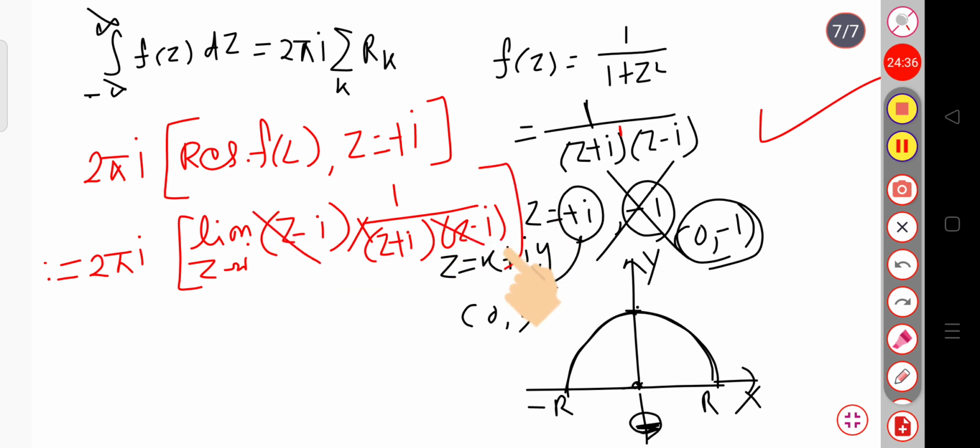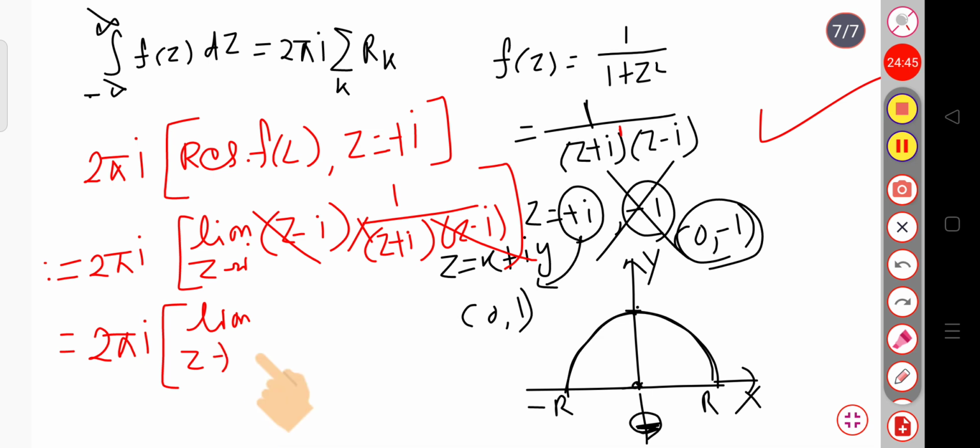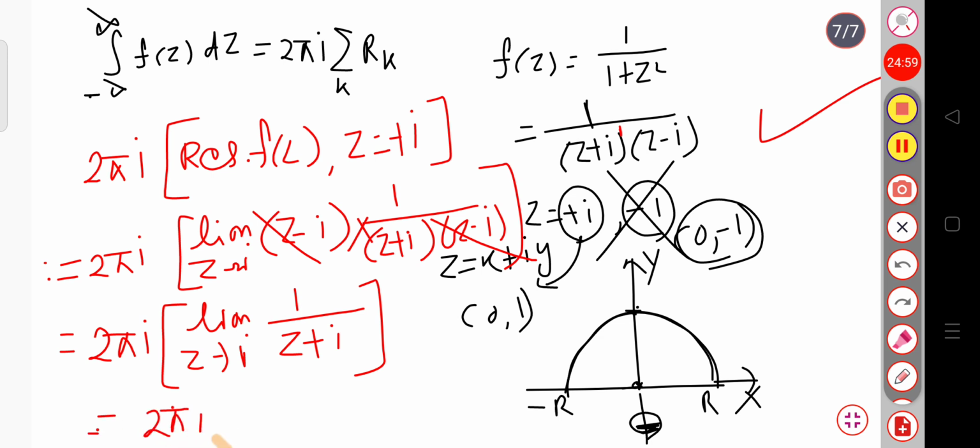So this will be equal to 2 pi i times limit z tends to i of 1 divided by z plus i. If I put the limit z as i, so this will be 1 by i plus i, that will be 2i. This will be equal to 2 pi i into 1 by 2i. So 2i gets cancelled, that will be equal to pi.